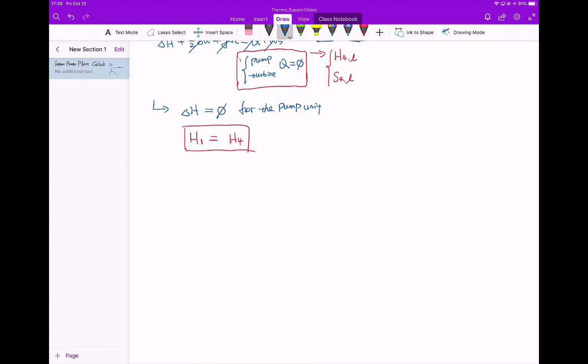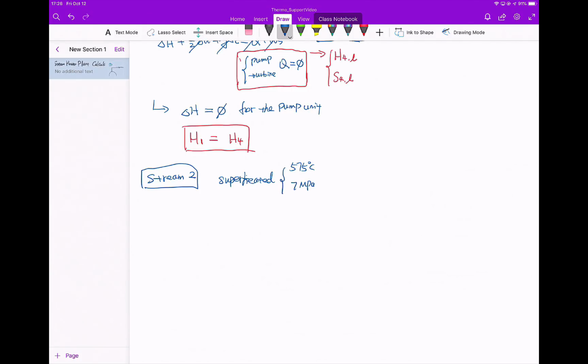Let's call this stream two. So now we have this superheated steam, and I know the temperature, and I know the pressure.